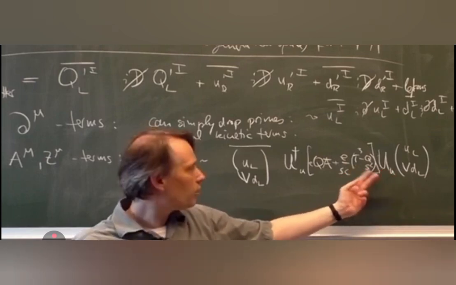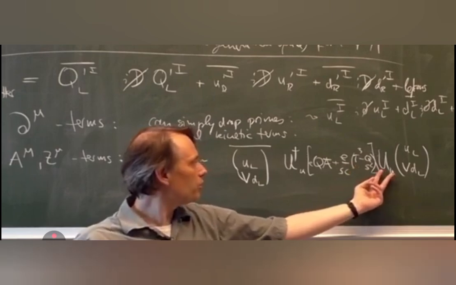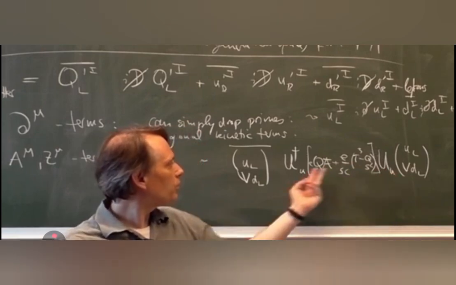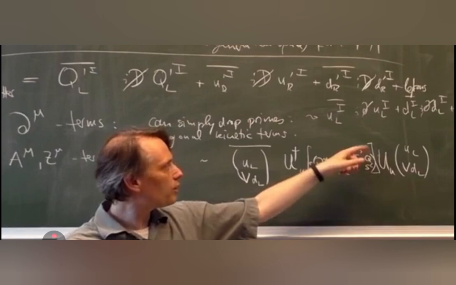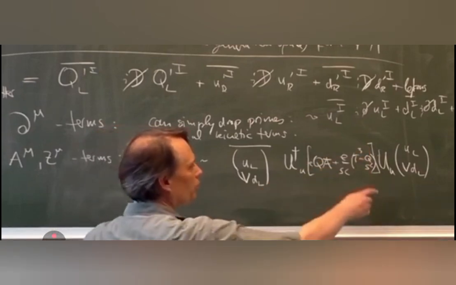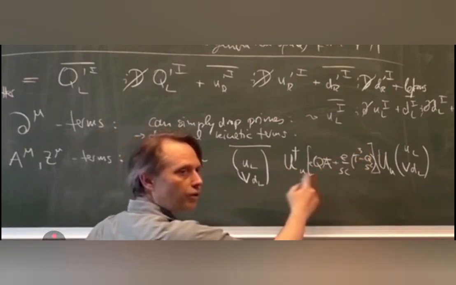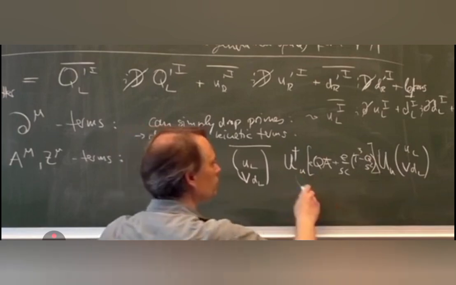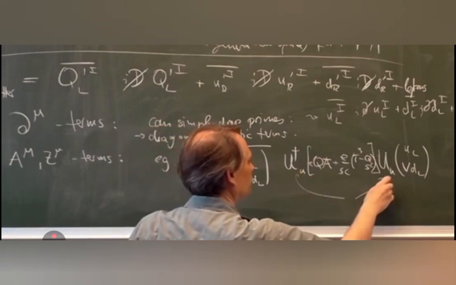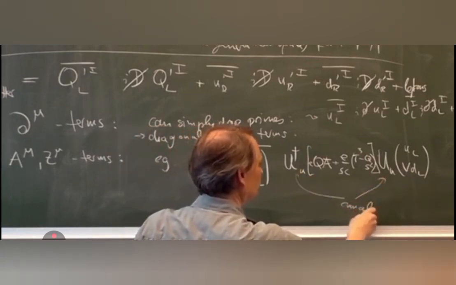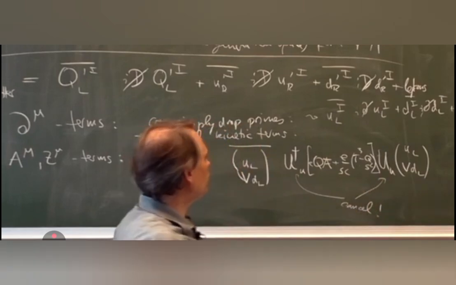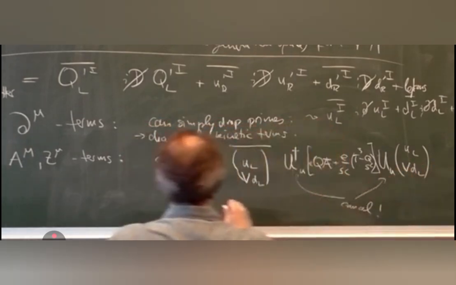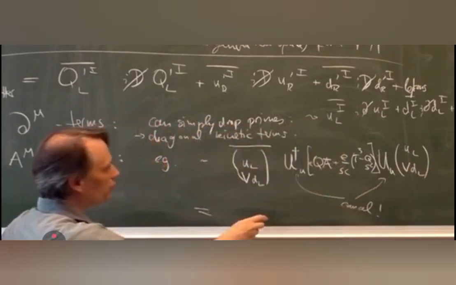So I can completely commute the U3 between the square brackets which only acts on the doublet components. Therefore, the U dagger and U, they completely cancel out. And then what remains is a diagonal term in generation space.